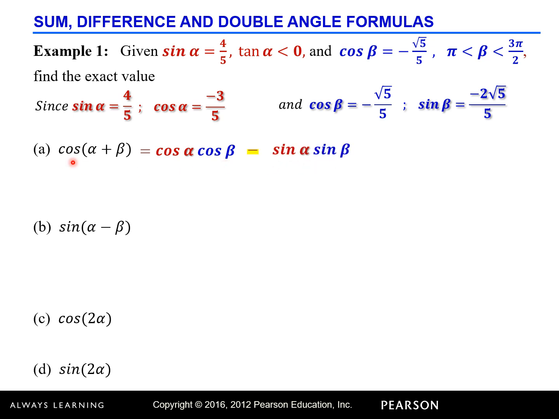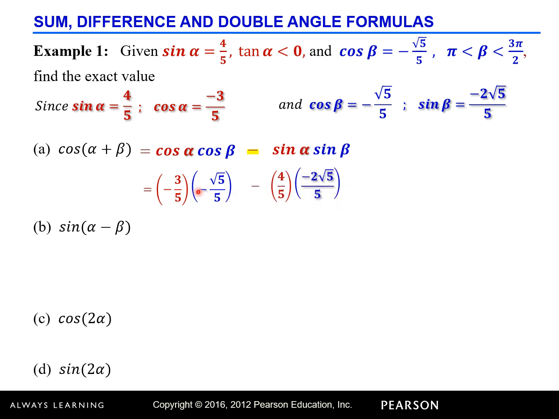Take note that alpha and beta must be written in order: alpha, beta, alpha, beta. The pattern is cos, cos, sin, sin, with the opposite sign, so plus becomes this minus. You just substitute the values and make sure that you substitute correctly. So this is the substitution.